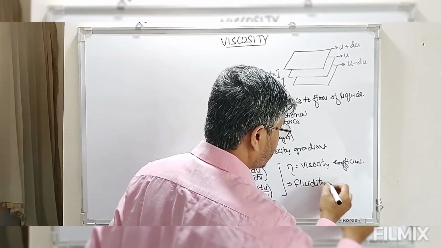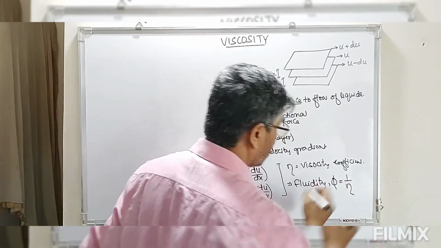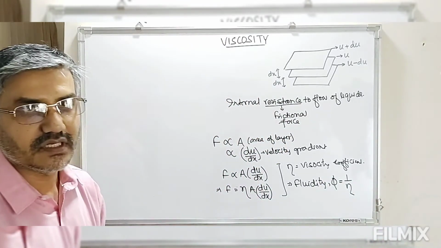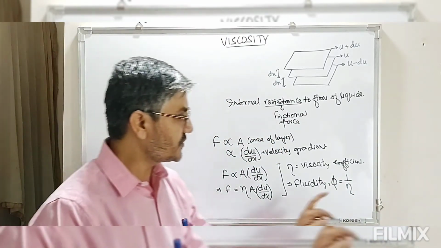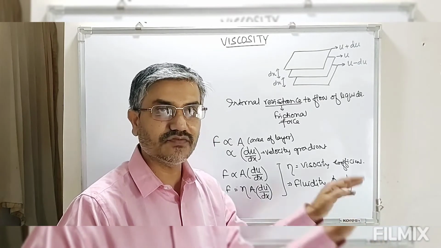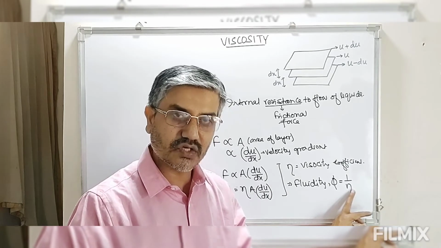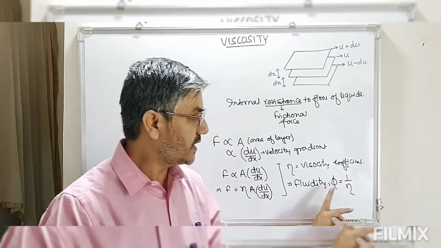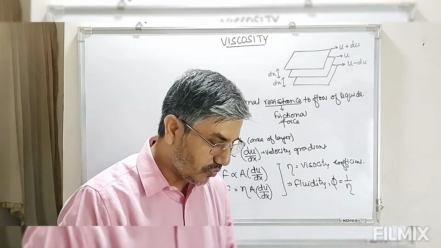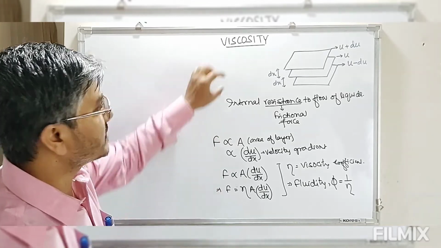Fluidity φ is defined as the inverse of the viscosity coefficient. If the viscosity coefficient is more, internal resistance is more, then the tendency for moving will be less. If the viscosity coefficient is less, then the fluidity will be more. So this is what we call as the viscosity.